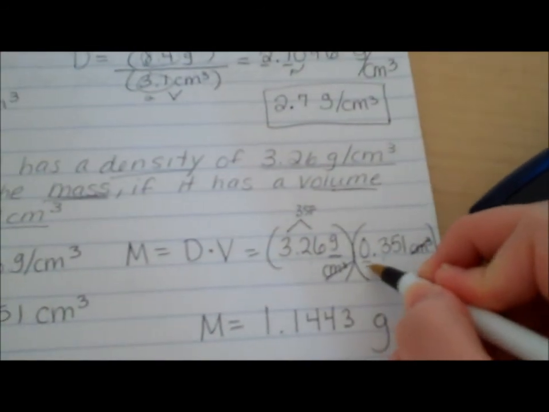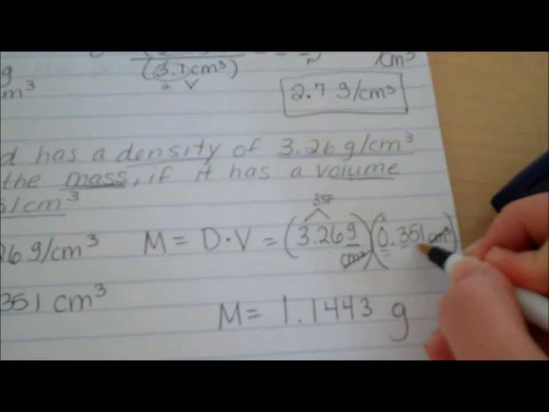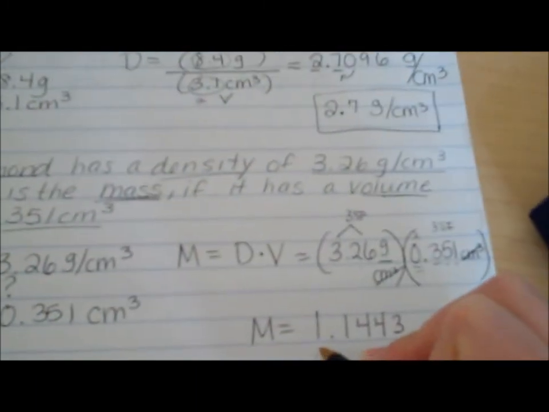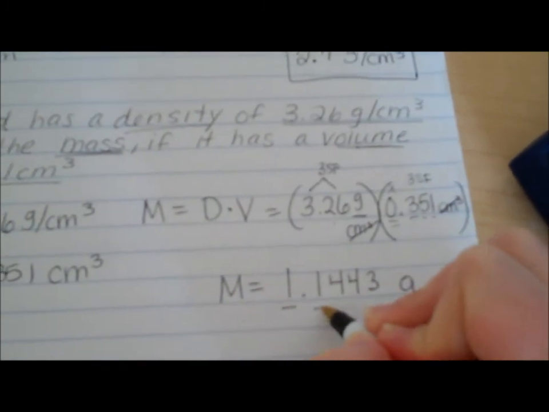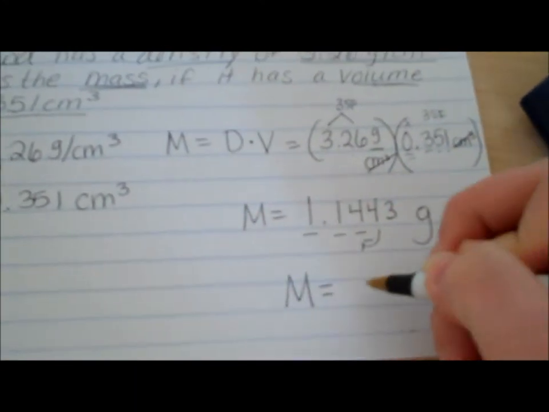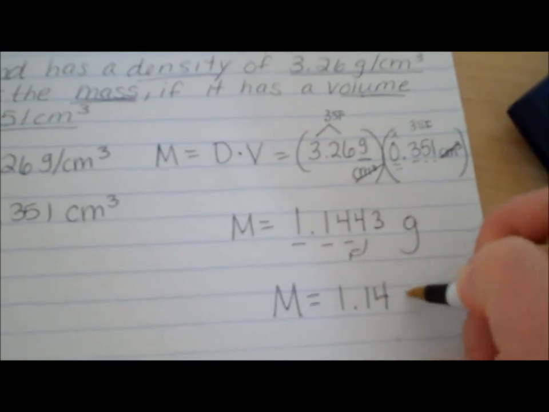And this left 0 does not count. So we have 1, 2, and 3 sig figs also here. So we're going to count it as 1, 2, 3. Look behind, 4 does not round up, and our mass for this piece of diamond is going to be 1.14 grams.